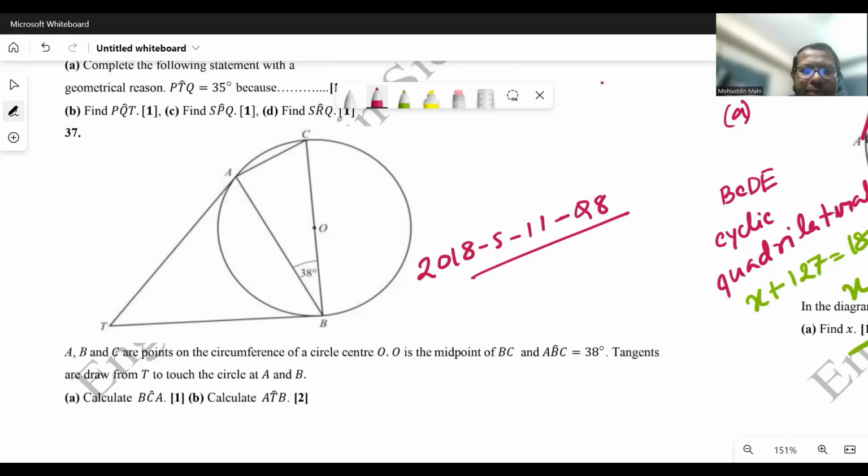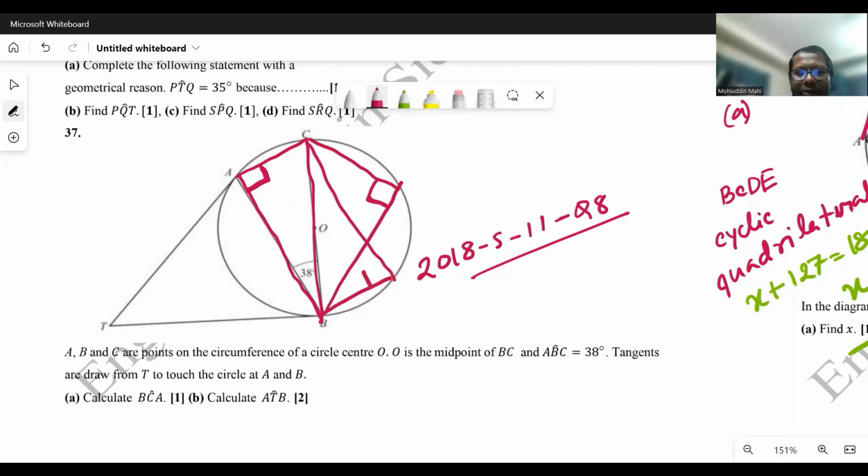Now, look at triangle ABC. This is the diameter. A diameter always makes 90 degrees at the circumference. So say for example, this will always be 90 degrees.